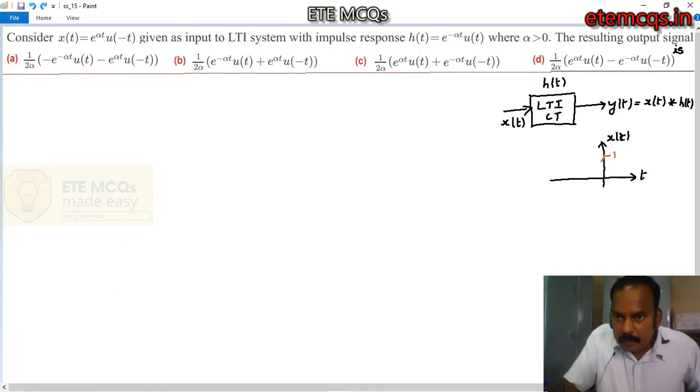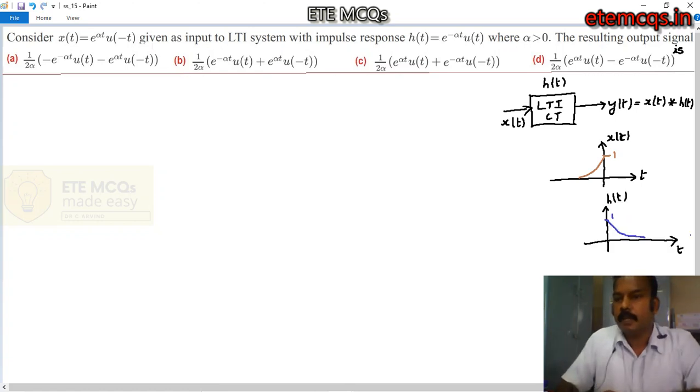It doesn't become 0, but it goes closer to 0. Likewise, the impulse response h of t is a right-sided sequence. Your x of t and h of t are given for a system, and we are supposed to find the output.